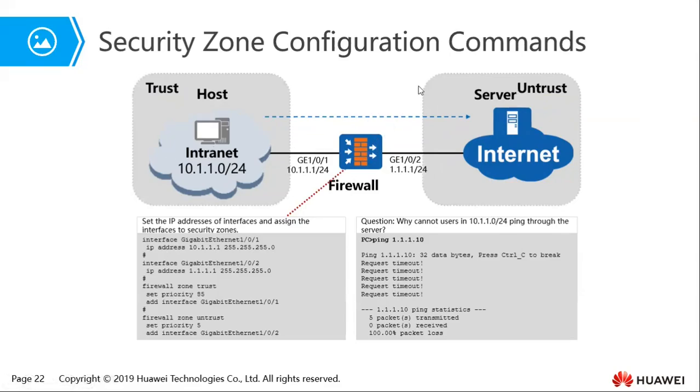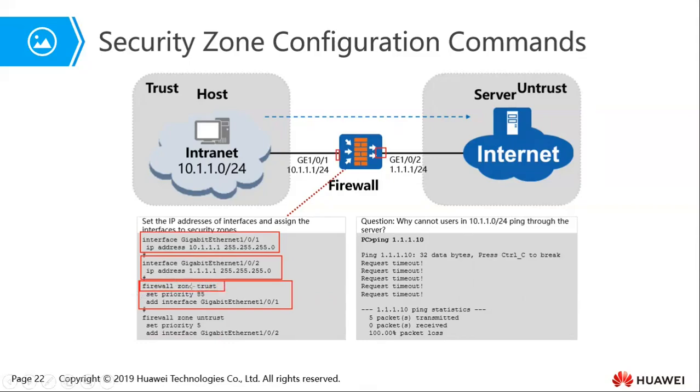we simply come into our firewall. What we're doing here is simply configuring an IP address for this interface, G0/0/1. We're doing the same here for this interface that is connecting us to the internet. After that, this is how we add interfaces to specific zones. Here we are creating a zone called trust.